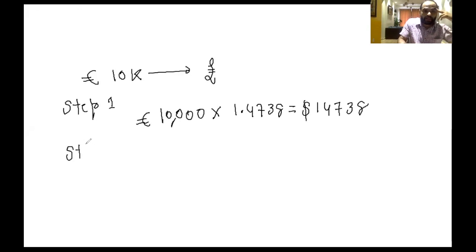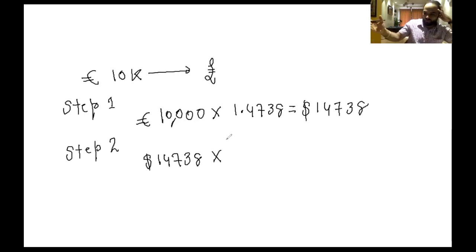Then step two. So you got $14,738. Now we want your position in pounds. So we have two options: use indirect quotation of bid, or direct quotation for European terms, which is ask, selling USD. Right?